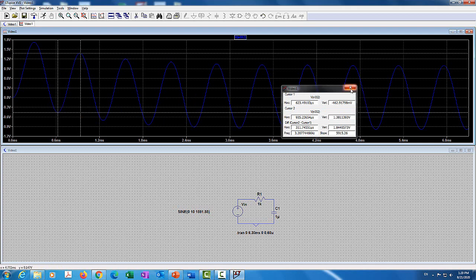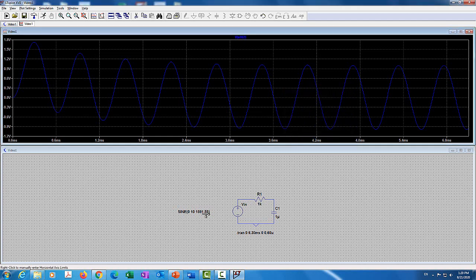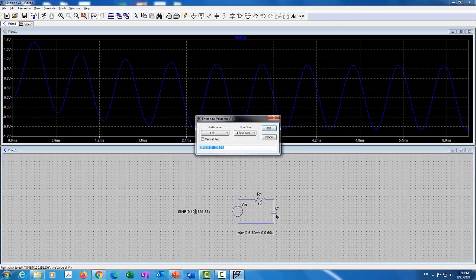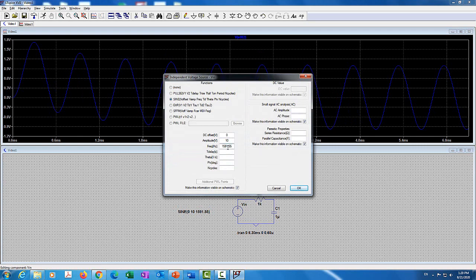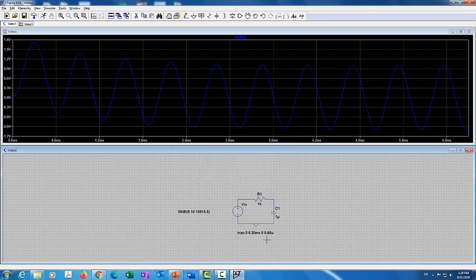In fact, what I'm going to do now is use a higher frequency to show you that. So if I come over here, I will change the voltage to have an even higher frequency. I would say that this is going to be even a decade higher, so it's at 15,915 hertz.